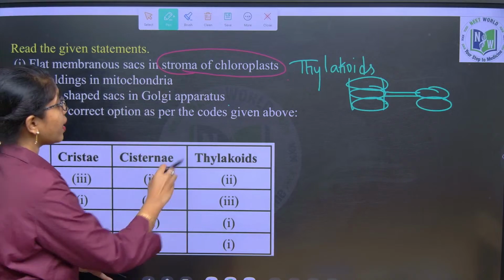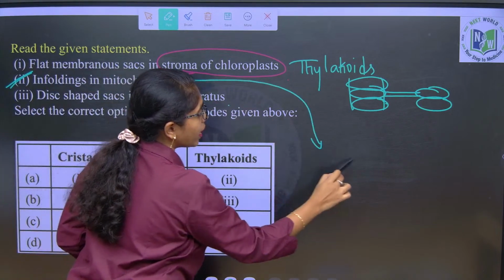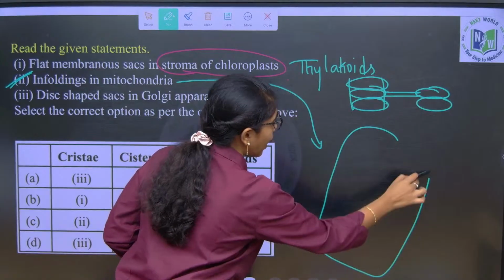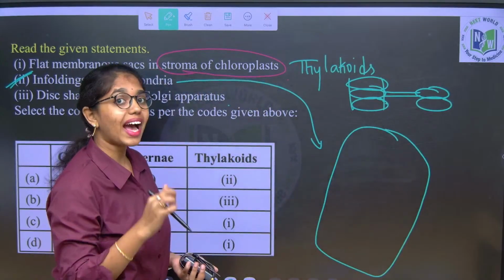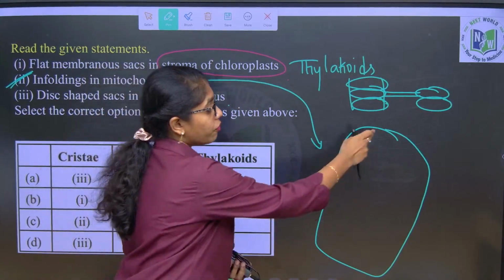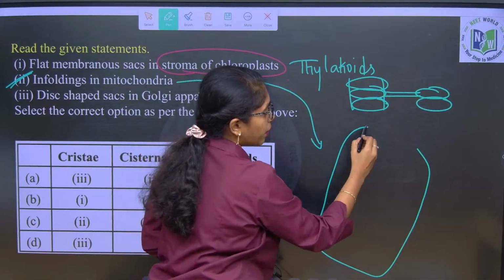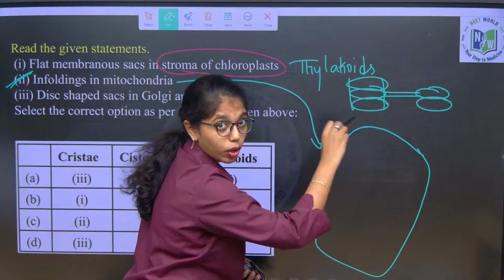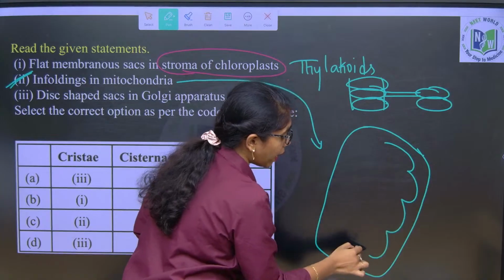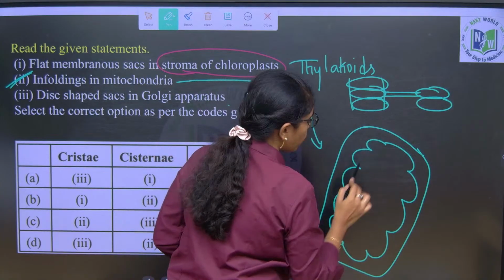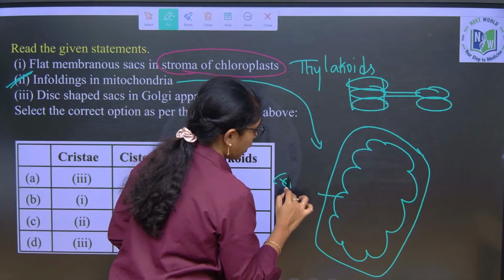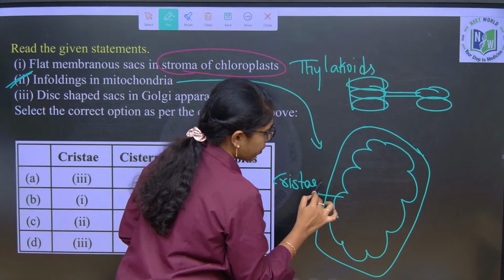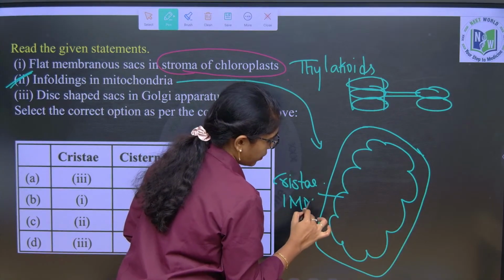And next, infoldings in mitochondria. Let us quickly recall the structure of mitochondria. It is a double membrane bound organelle. It has outer mitochondrial membrane and inner mitochondrial membrane, which is infolded to form cristae.